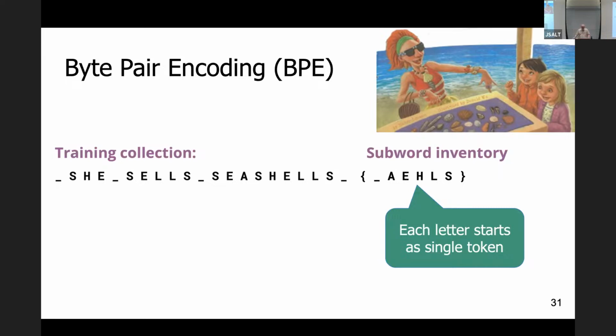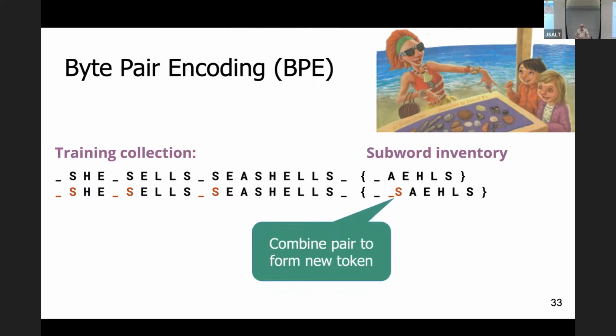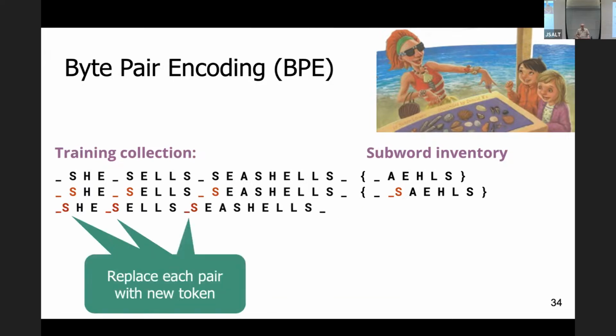In our example, our training collection is "she sells seashells," and so we start with these 6 tokens. What we're going to do is repeatedly find another token and add it to our inventory. We do that by finding the most common adjacent pair of tokens. Here, blank S is the most common character bigram in this text. So we take blank S, add it as a single token to our inventory, and then replace all the blank S's with this new token.